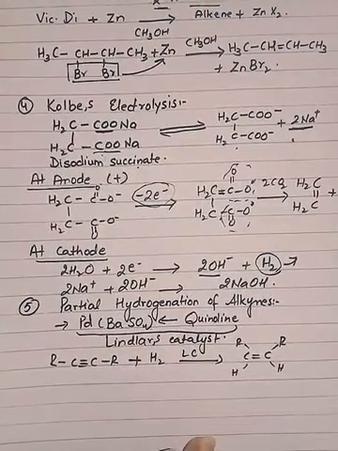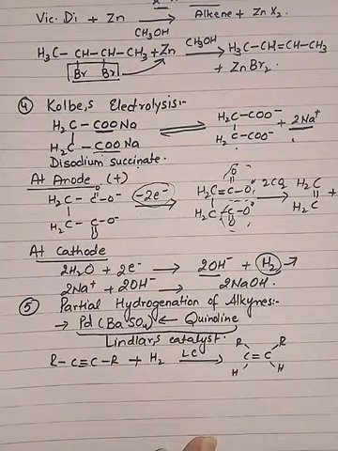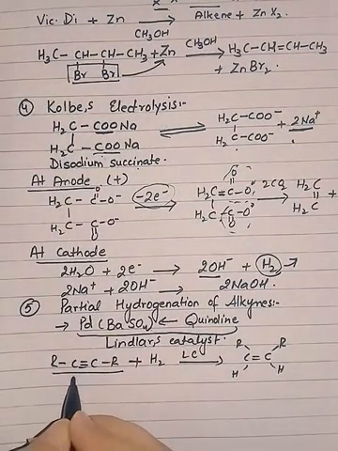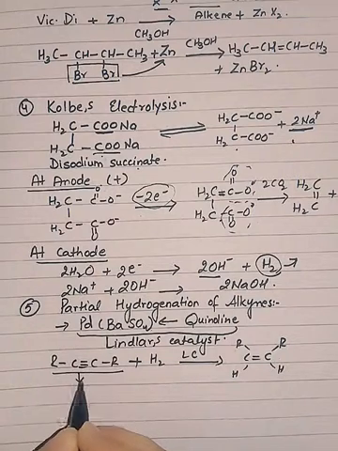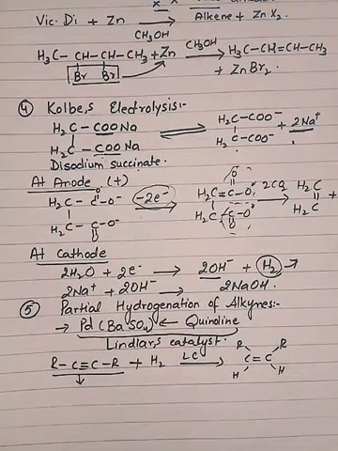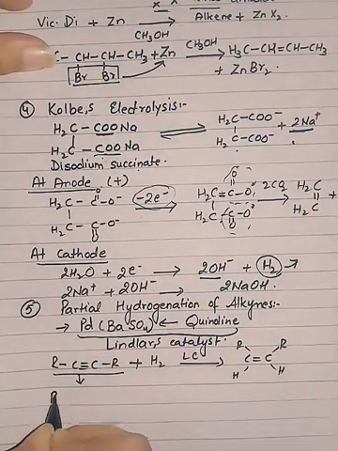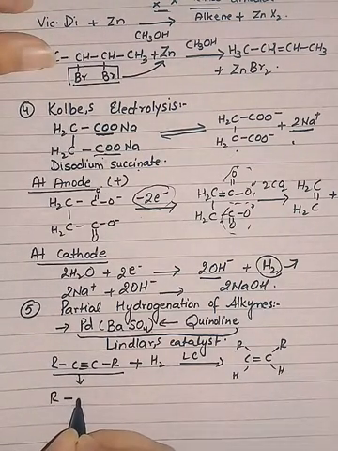Now if you want to obtain the trans alkene, you will treat this alkyne with sodium in liquid ammonia at minus 33 degrees centigrade. You will lower the temperature of the system. For example, let's see.